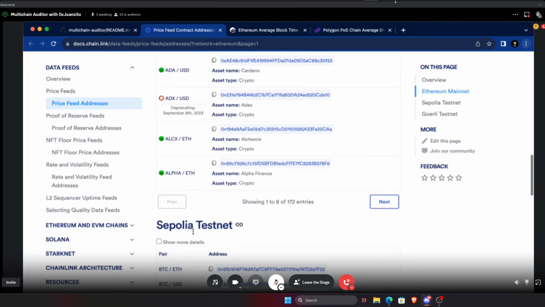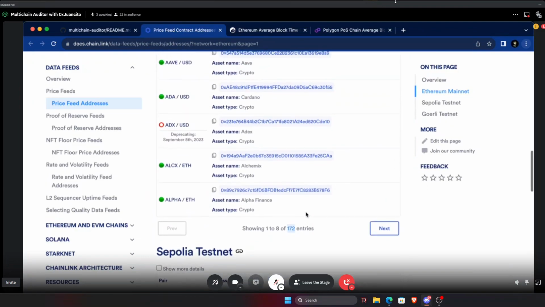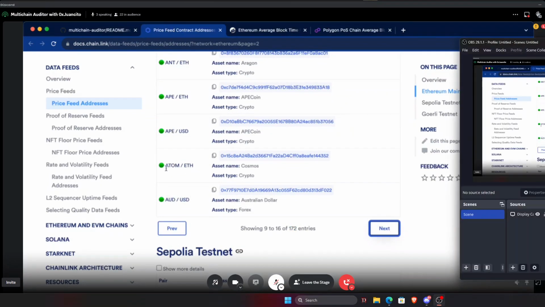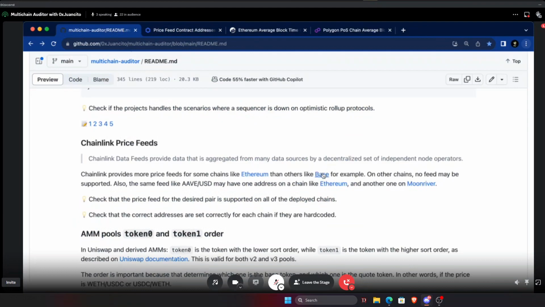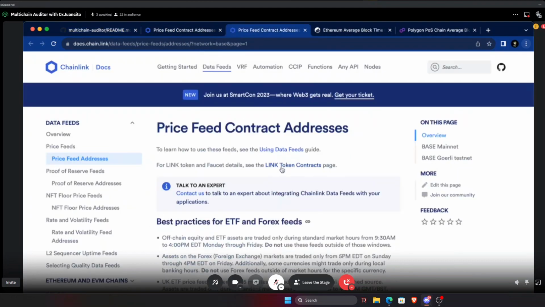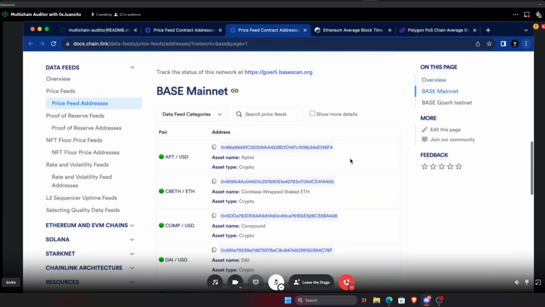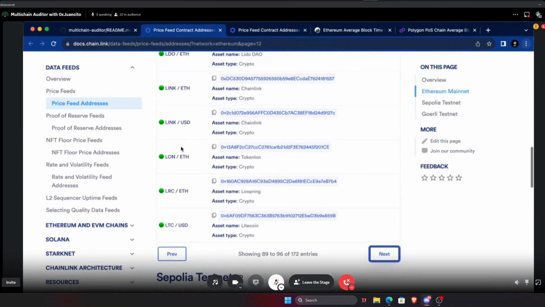So all of these contracts, and you have like 172 entries to check price of Atom versus ETH or VAR versus USD, and a lot of others. But if you go to some newer chain like Base, for example, you might find that some of the feeds that you may find on Ethereum, like probably Link USD, they have it everywhere.